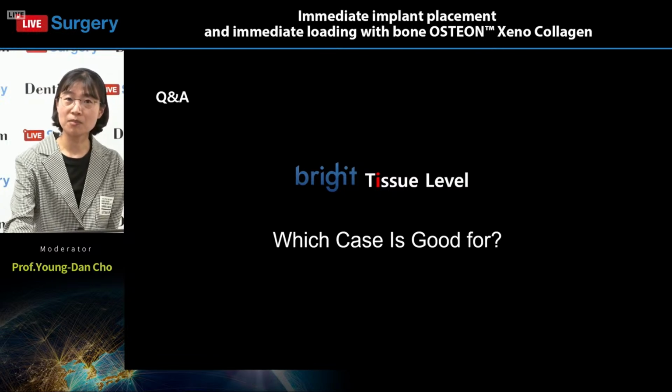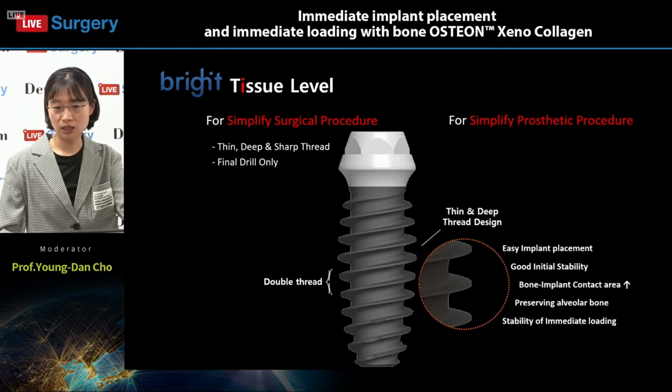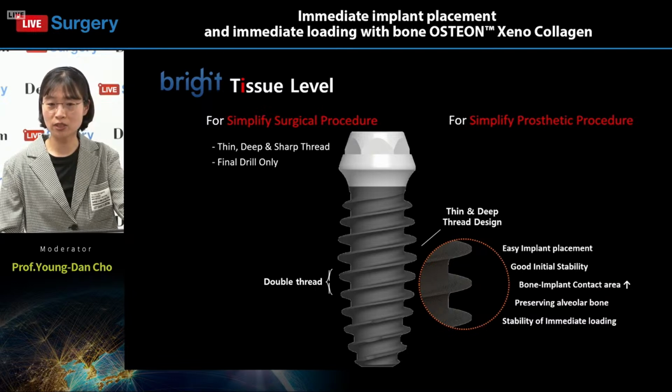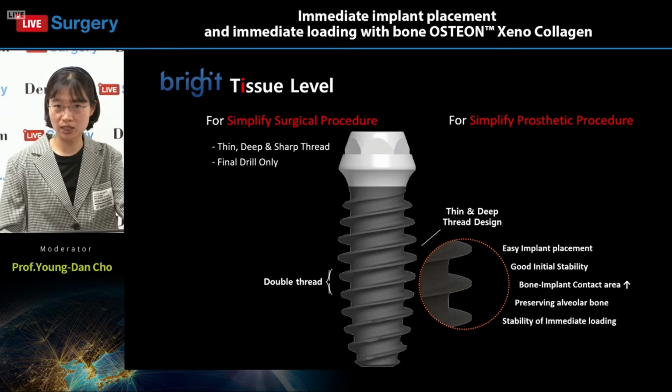I think that, as I mentioned before, the bright tissue level implants simplify the surgical procedure and also the prosthetic procedures because it has a thin and deep thread design.